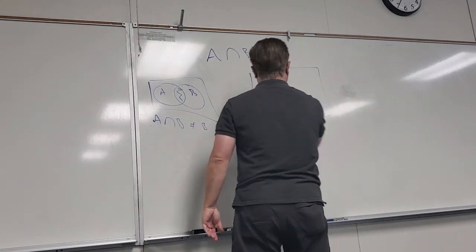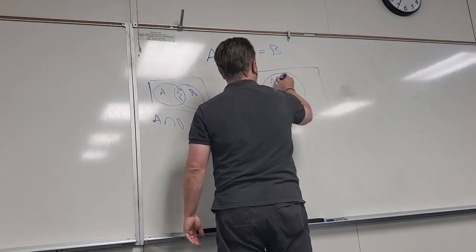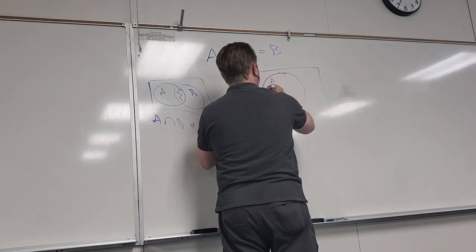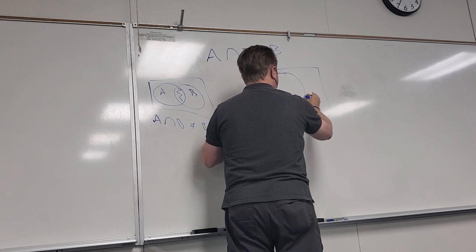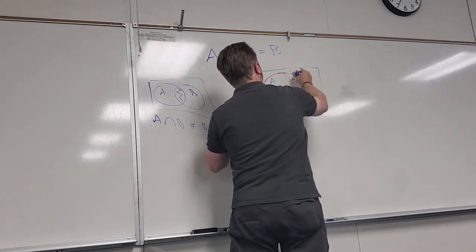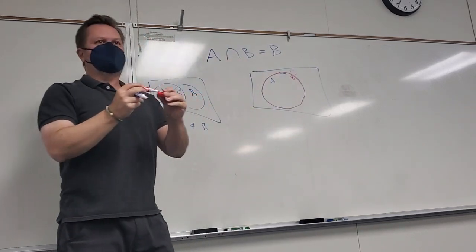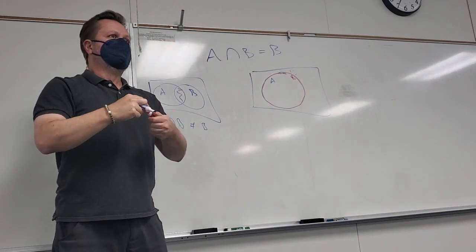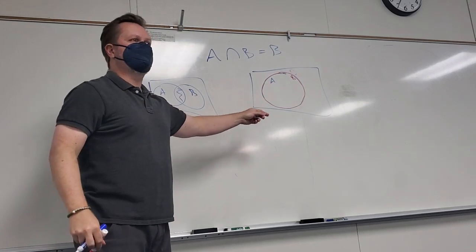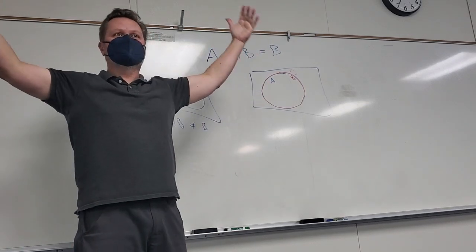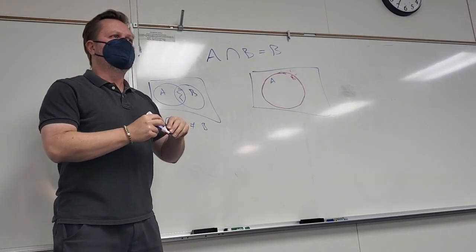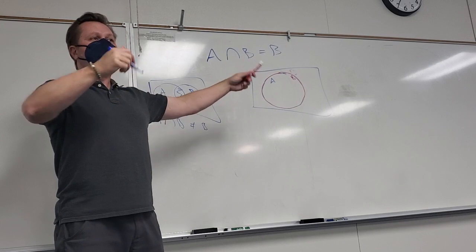So one way to do it is to have A, this is A, and then this is B. What's A intersect B? What do A and B have in common? Don't A and B have B in common? Now, couldn't the answer also be A, technically? Yeah, because in this case, A equals B.